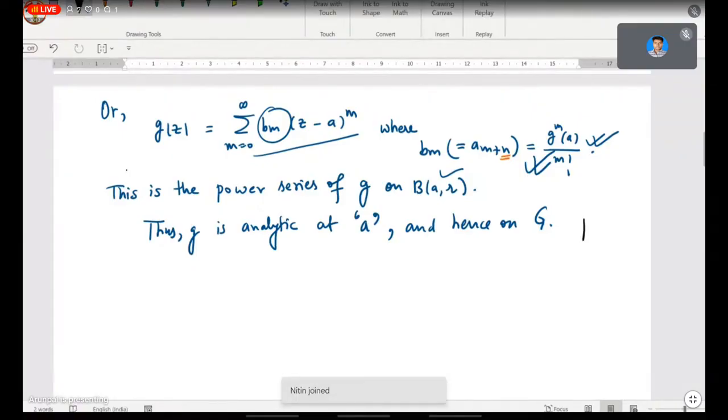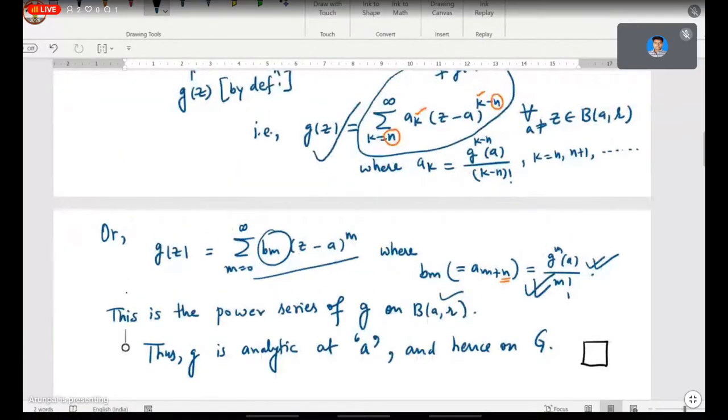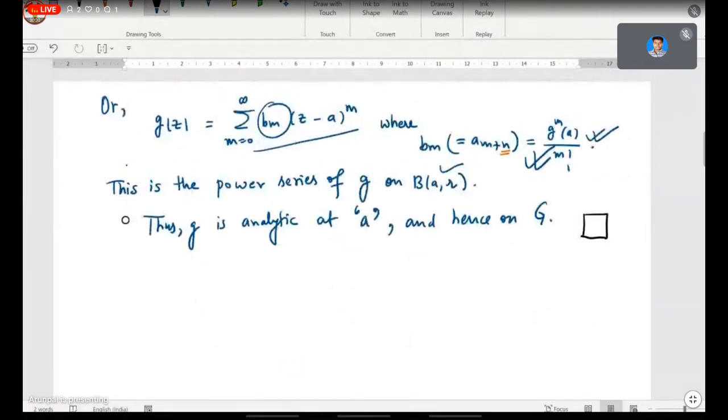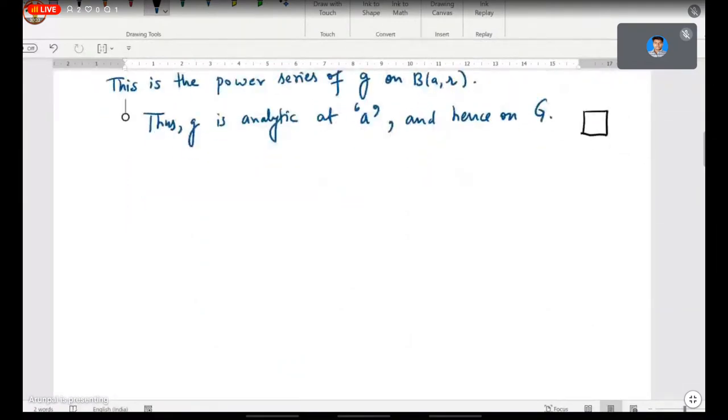Sir, I did not understand this indexing change. Okay, actually, you just tell me one thing. For example, you take m equal to 0. No problem, just a minute.